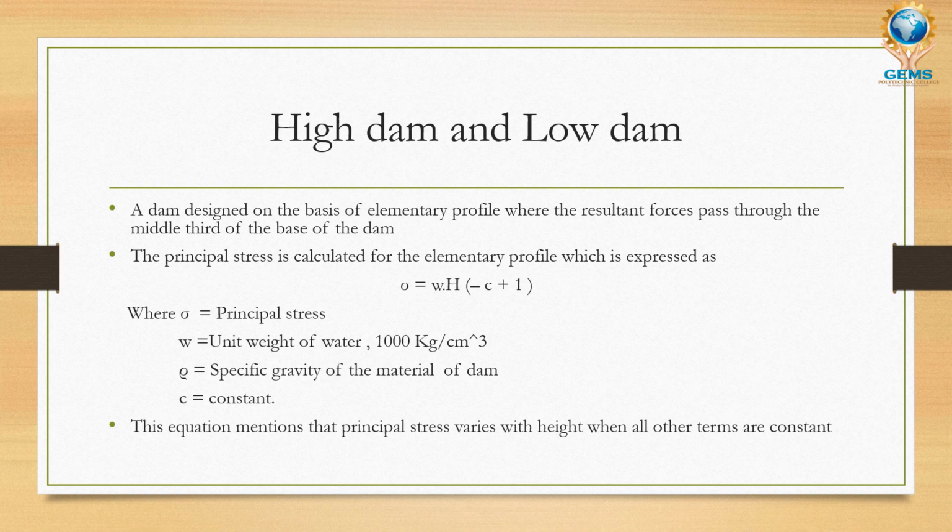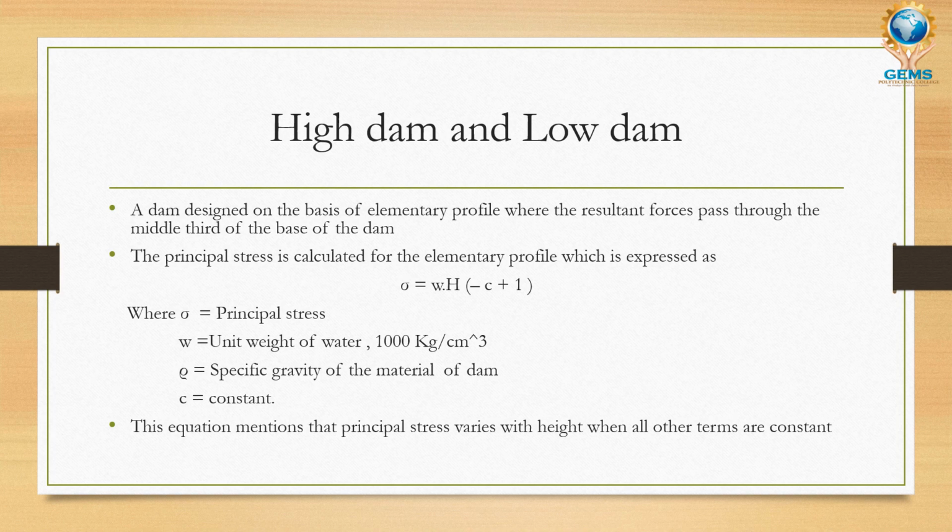A dam designed on the elementary profile basis has resultant forces, due to everything I have explained in the above slides, like wave pressure, ice pressure, uplift pressure, etc. These resultant forces generally pass through the middle third of the base of the dam.